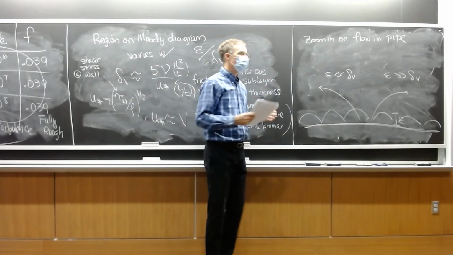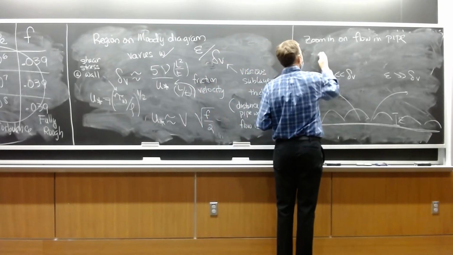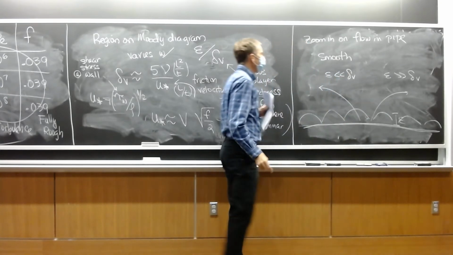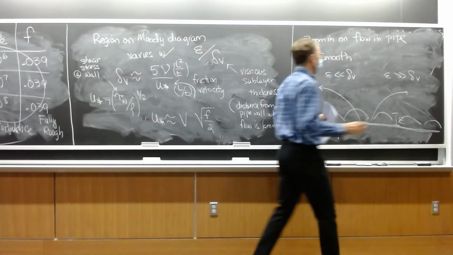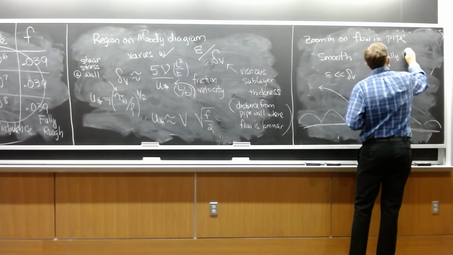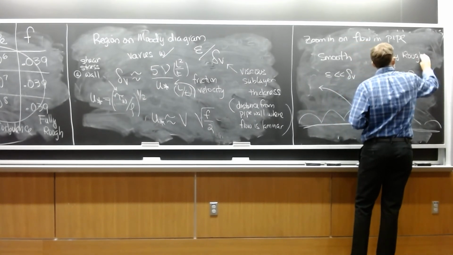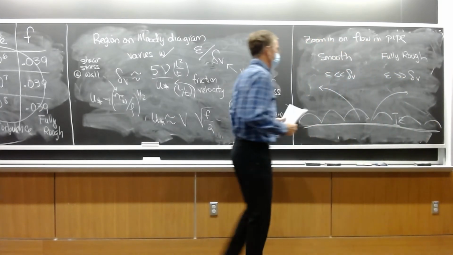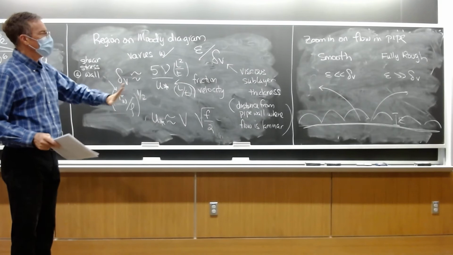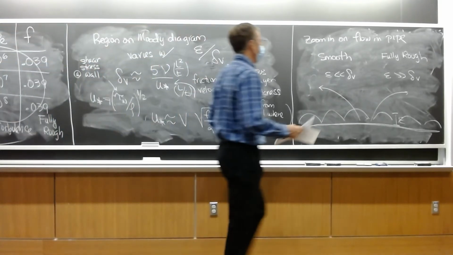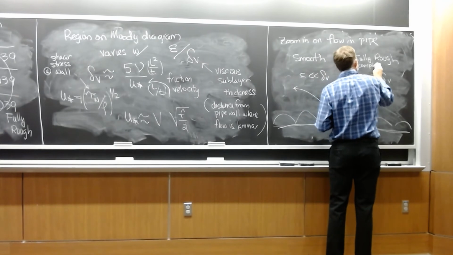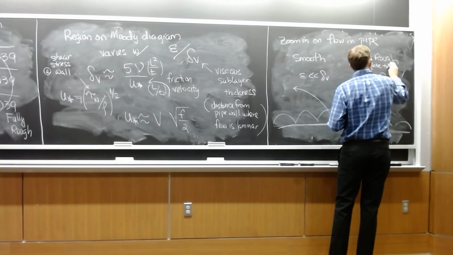Okay, so we can think of these two cases as smooth or fully rough. And I'm going to make some more pictures based upon these two cases. Like we said, this is also called complete turbulence.